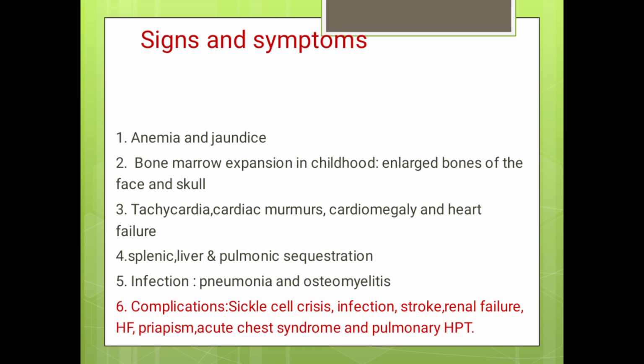Signs and symptoms of sickle cell disease. So you can have anemia and jaundice, like I explained earlier. You have HB of 7 to 10 gram per, is it deciliter? Yes. Mostly that is where their values form. 7 to 10 gram per deciliter. And then jaundice may also be noted. Bone marrow expansion in childhood, leading to enlarged bones of the face and the scalp.